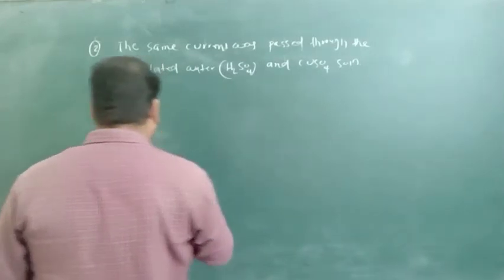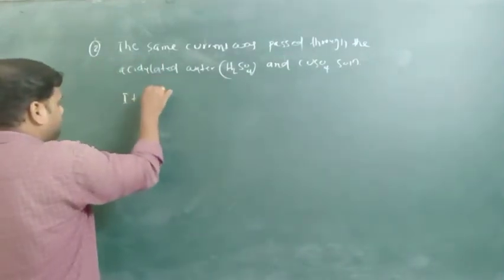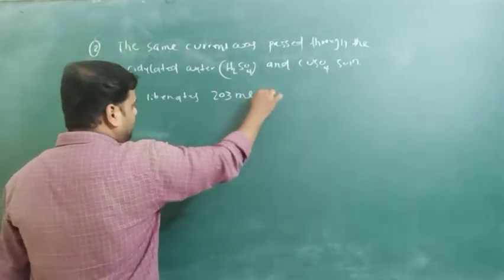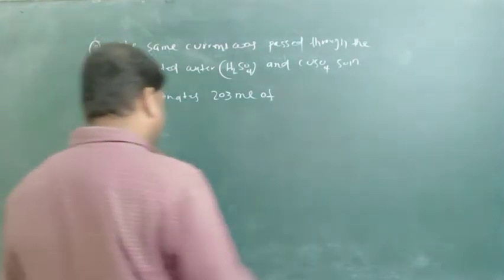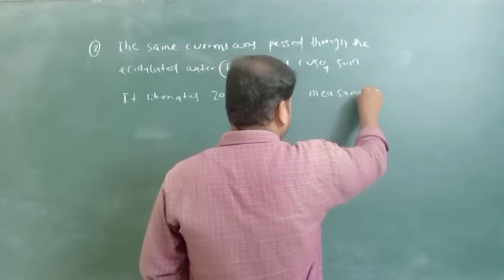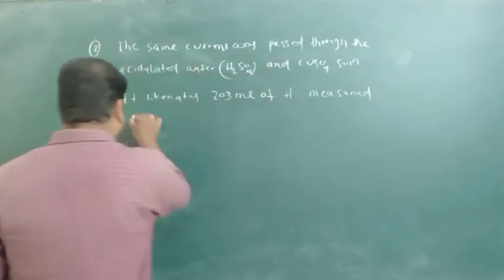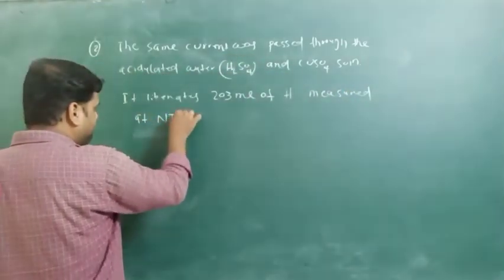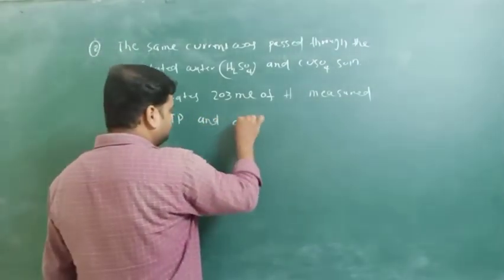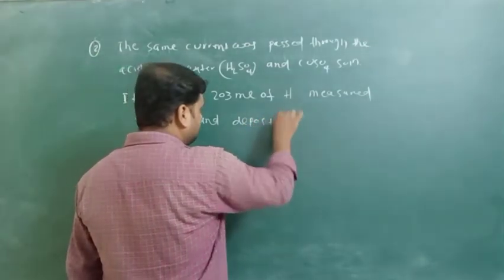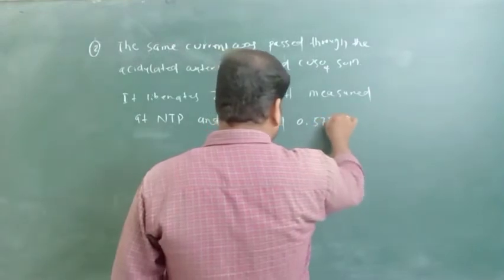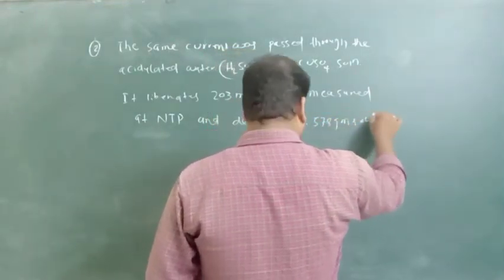It liberates 203 ml of hydrogen measured at NTP, and deposited 0.578 grams of copper.